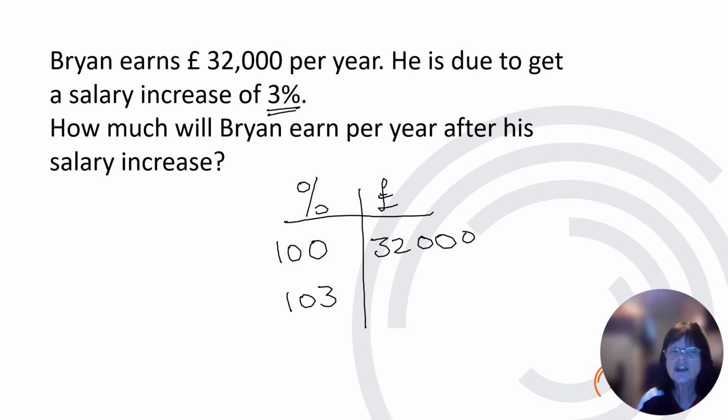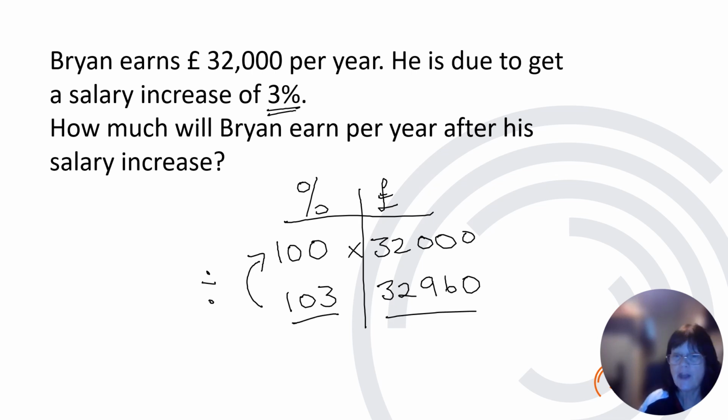If you've watched the video on direct proportion, this will make sense to you. If you haven't, go with the flow because you'll pick it up very easily. We divide by the number above and then we multiply across. So we do 103 divided by 100. We always divide by the number above, multiply across, and we end up with 32,960. So 103% gives you £32,960. Easier.